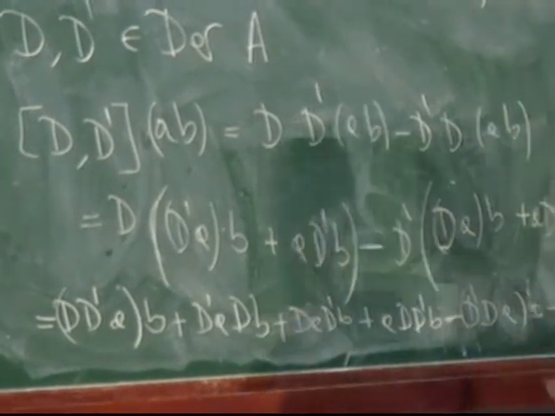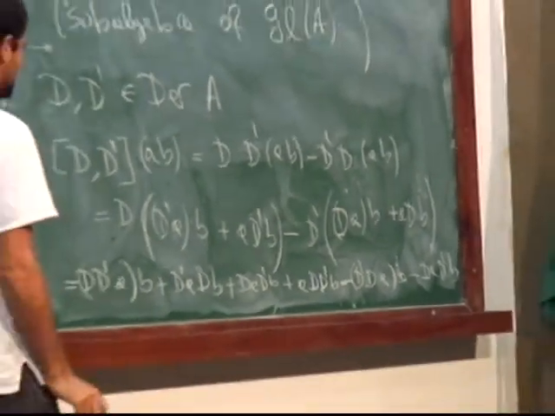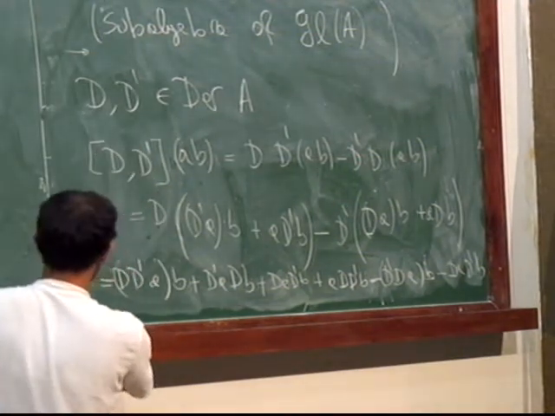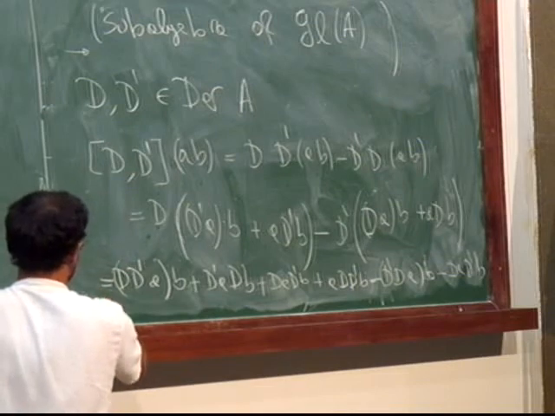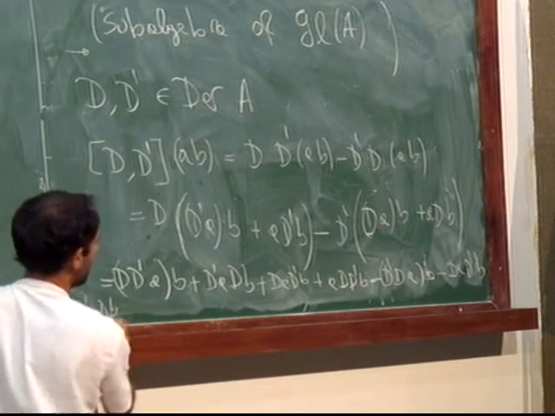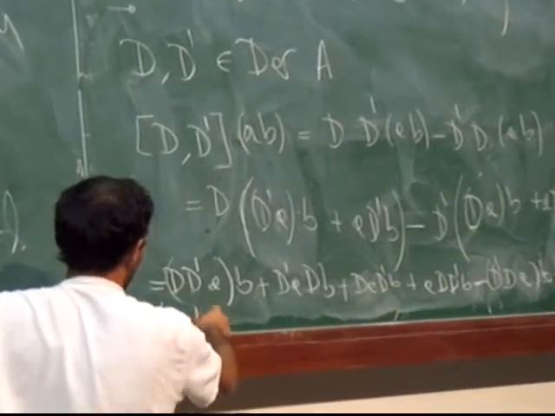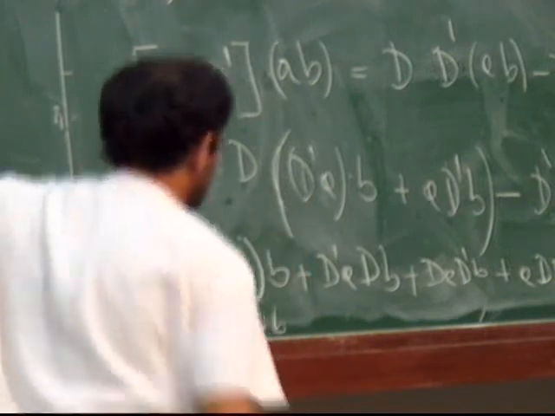And let's finish somewhere. This is going to be quite bad. Okay, let's finish this sequence on this side. So we have minus d prime A dB minus A d prime dB.